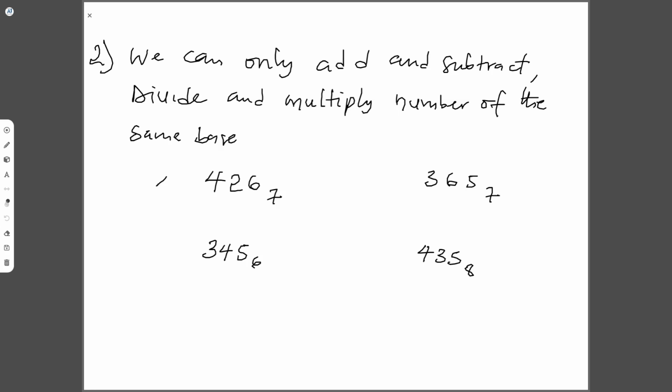Now, the first and second numbers we have here are both base 7. That is, we can perform all the basic operations between these two numbers. We can add, subtract, multiply, and divide, because they have the same base, 7 and 7.